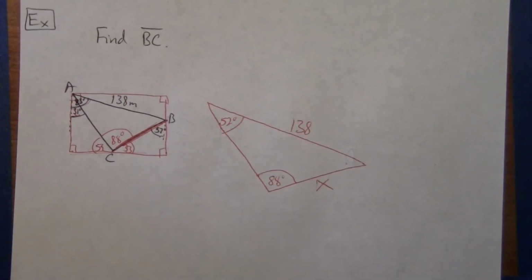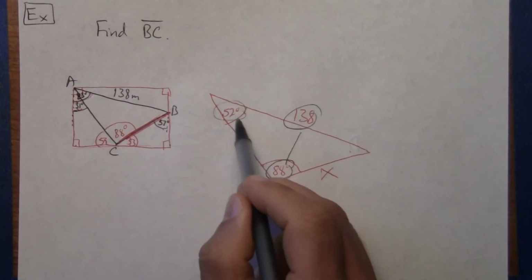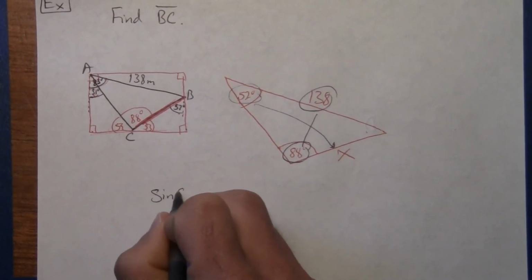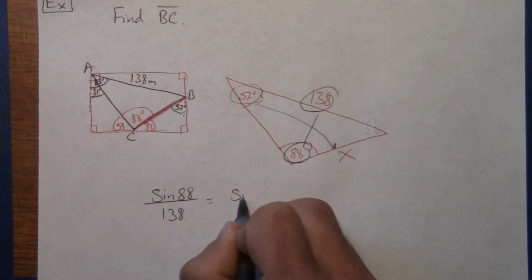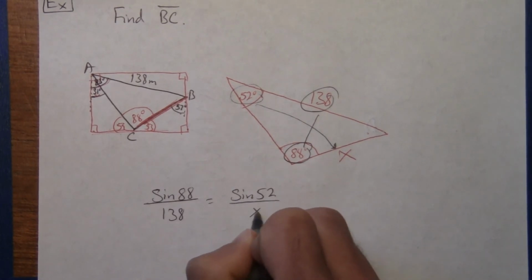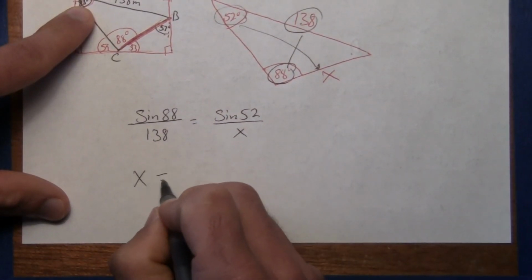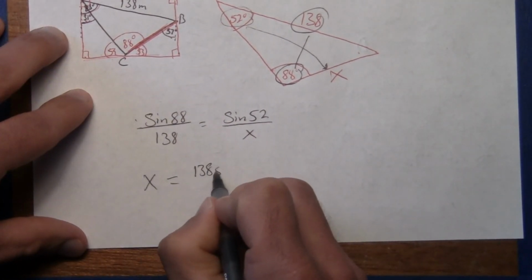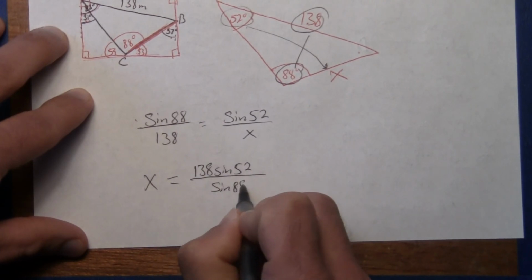And now you can see I've got enough information to use my law of sines. I've got an angle and the side across from it, and then I've got another piece of information and I'm looking for the side across from it. So I can now say the sine of 88 divided by 138 is equal to the sine of 52 divided by x. When I cross multiply and solve, x is equal to 138 times the sine of 52 all over the sine of 88.